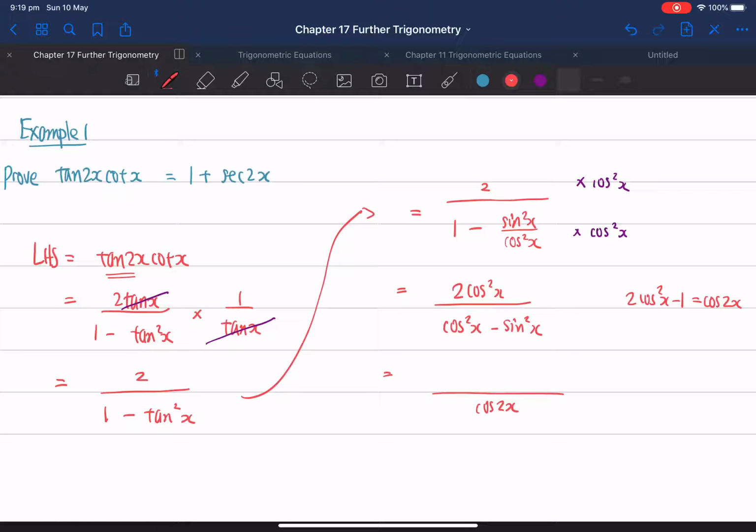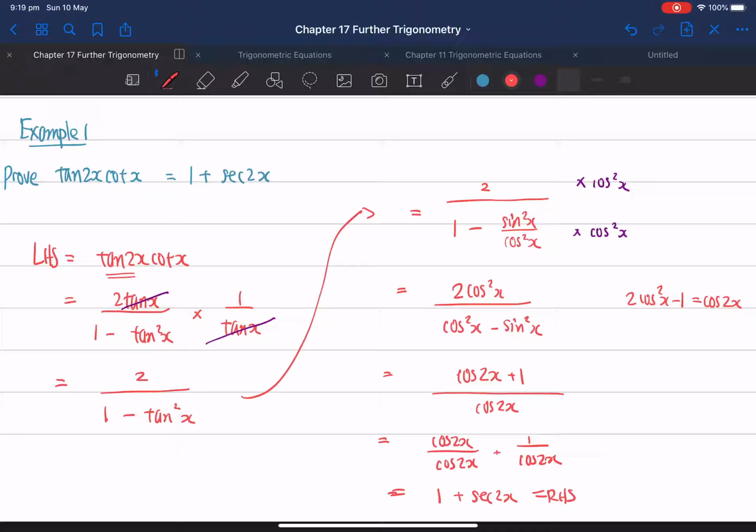So if we just change that into cosine 2x plus 1, we should be able to get to the answer. So that gives you cosine 2x over cosine 2x plus 1 over cosine 2x. So that gives you 1 plus sec 2x. Okay, so that gives you the right-hand side.